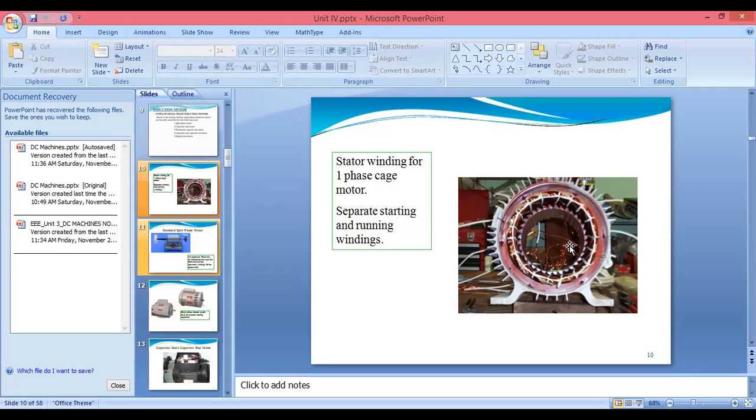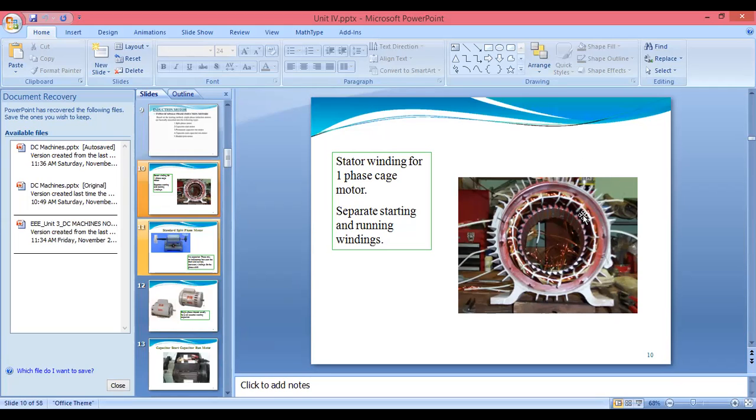air. So here we can see the outer covering we can call a yoke, like we are saying in the stator. After that, like we have seen in the DC machines, there will be the stator frame, there will be the stator core, and there will be the stator winding.